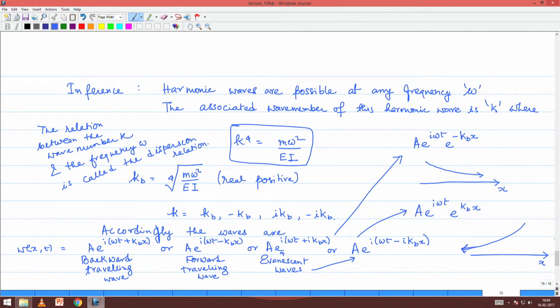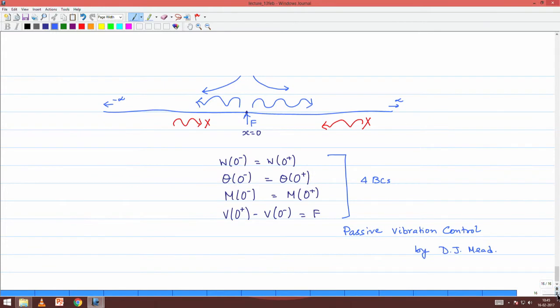Sometimes in some books it is interpreted as the phase velocity with respect to speed, but even the wave number and the frequency relation is also a dispersion relation. There are many ways in which we can interpret this. I have not come as yet to the phase velocity concept, but we will do that in a moment.